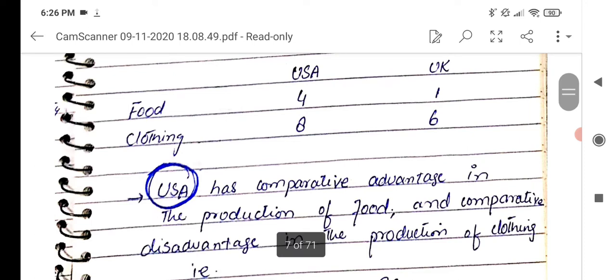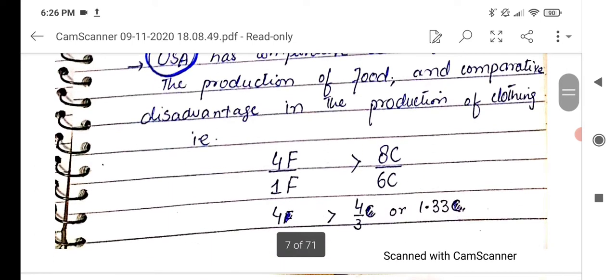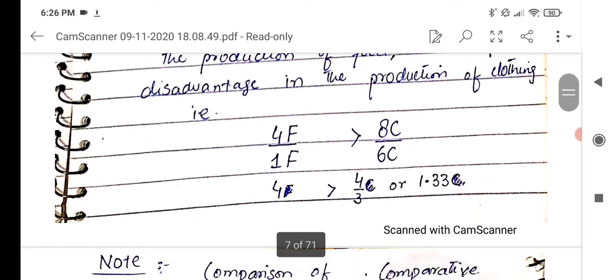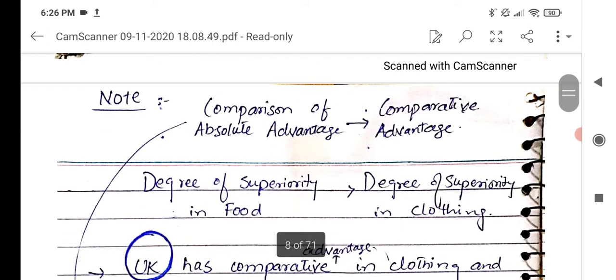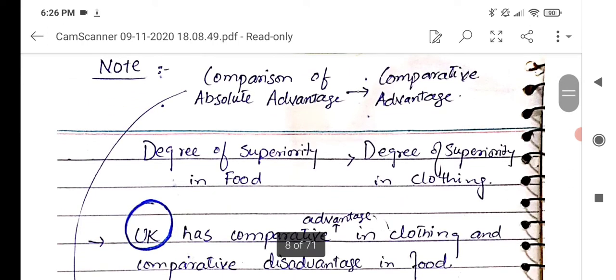As you can see, the difference between 4 and 1 is more than between 8 and 6, as 4 over 1 is equal to 4, and 8 over 6 for clothing is equal to 1.33, and here we can see that 4 is greater than 1.33. This is the comparison of degree of superiority in food and degree of superiority in clothing.